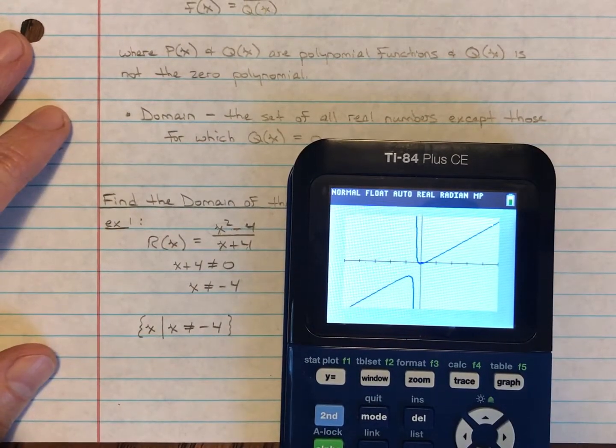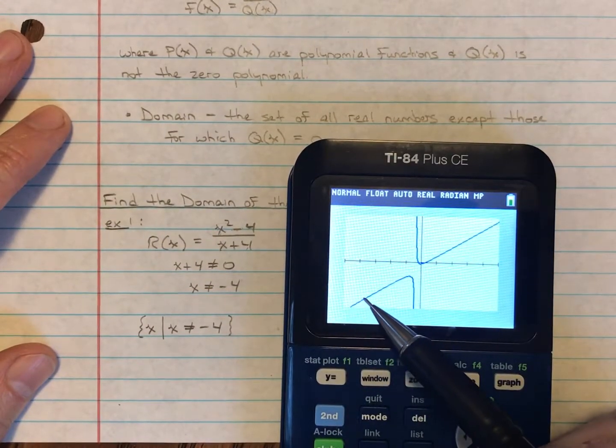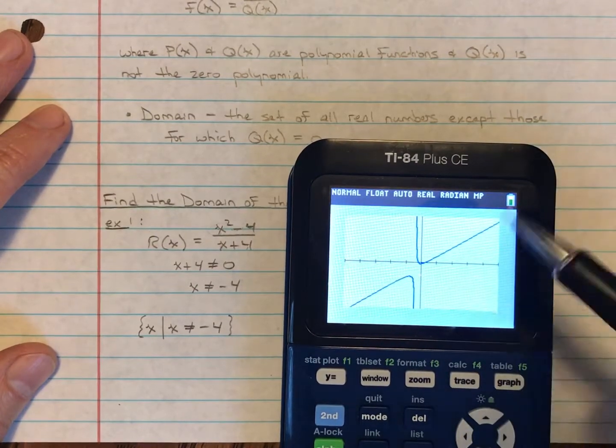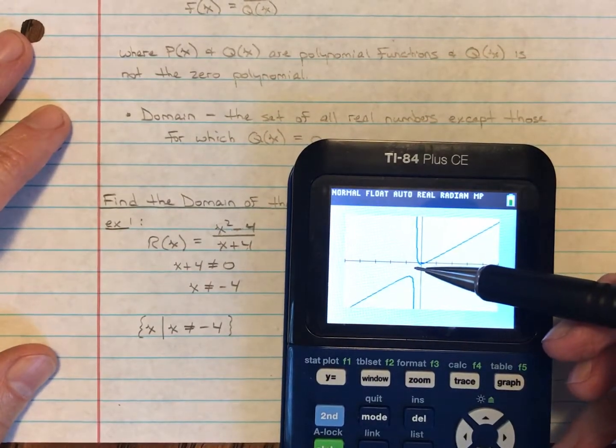Well, there's your function. The function comes in from the left. It's an increasing function to here. It gets close to negative 4, and then it drops because x cannot be negative 4.